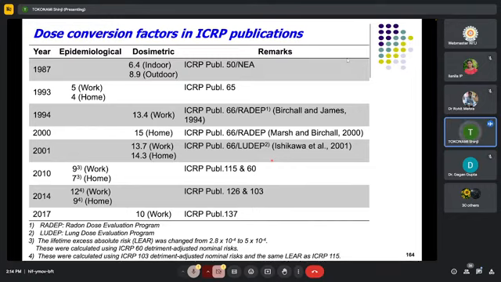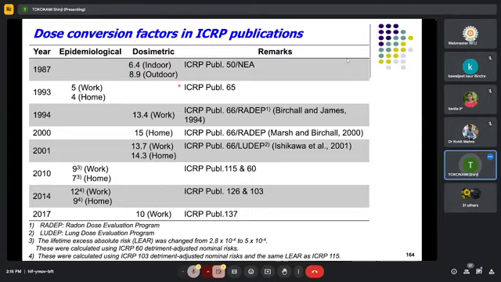I summarized those conversion factors from ICRP publications. ICRP Publication 50, 1987: 6.4 indoors, 8.9 outdoors, in units of millisievert per working level month.